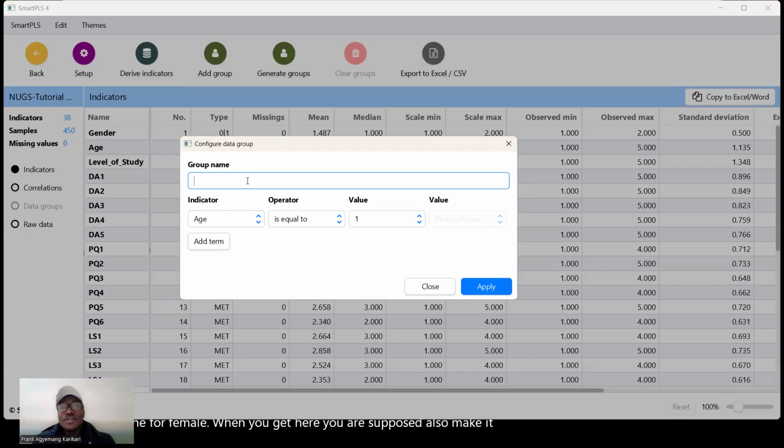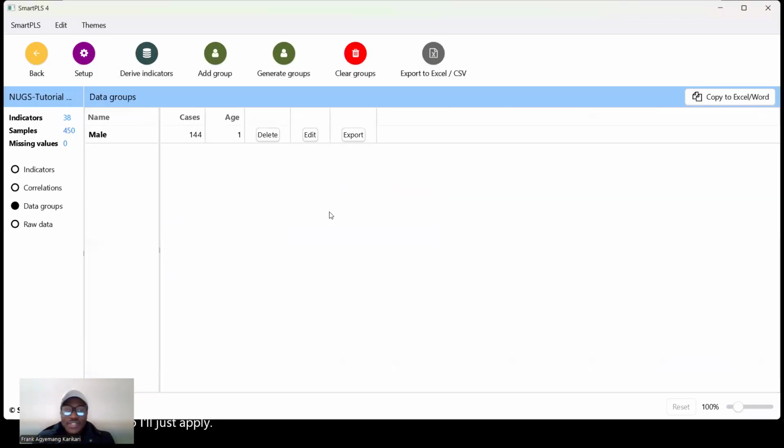You cannot assign male as 1 during the cleaning stage and come and assign male as 2 here. So here, male is 1. That is why I've selected the value to be 1. So I'll just apply. So I've created a first group. It means that the males are only 144.